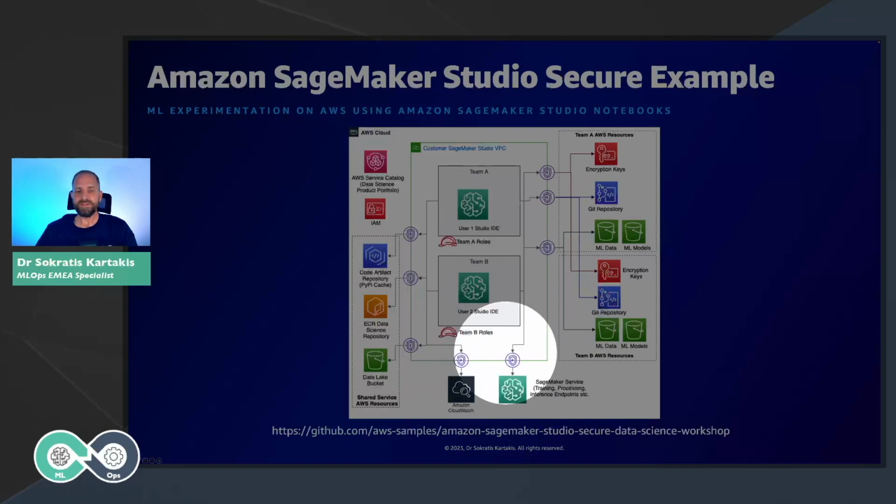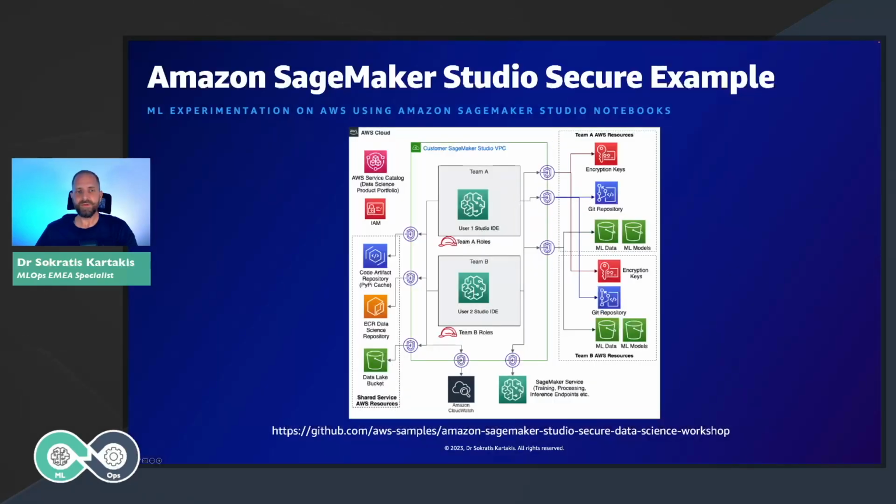What are these VPC endpoints? These VPC endpoints tell you internally in your own private cloud how the different services will interact. That means that if you don't have VPC endpoints, the traffic will go to the internet. In that case, with a VPC endpoint, the traffic stays inside your private cloud.